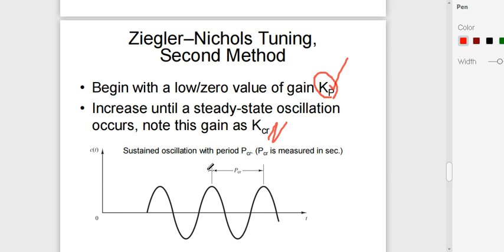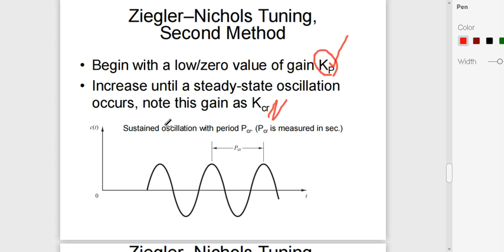That is a sustained oscillation with a period PCR. In the second method, we make a low value of Kp first, then by increasing the value of Kp, we make sustained oscillations in the system.